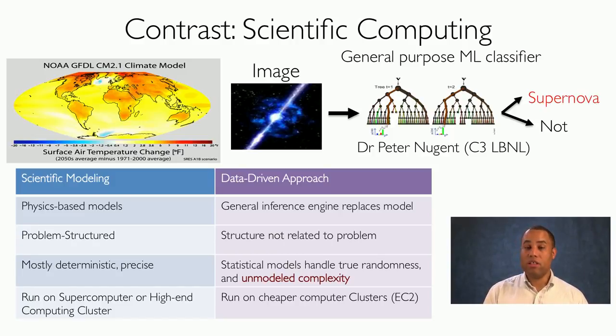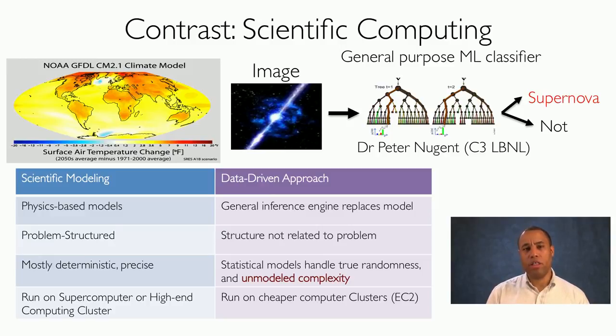We can contrast data science with scientific computing. So here on the left, we have a climate model example as a case of scientific modeling, and on the right, we have a system being developed at Lawrence Berkeley National Labs that's designed to determine whether a particular image from a telescope contains a supernova or not.